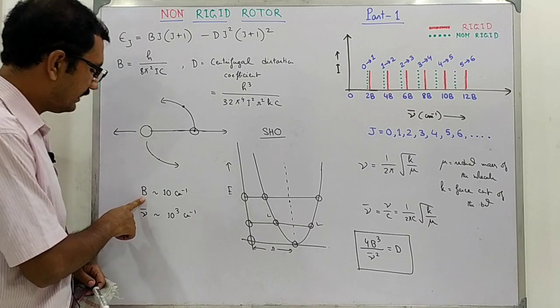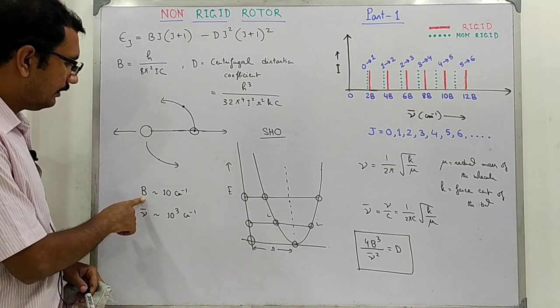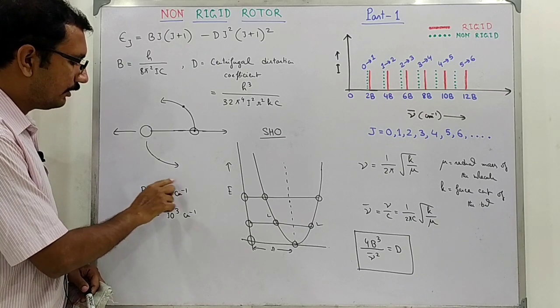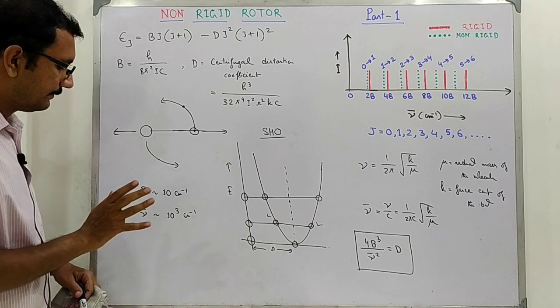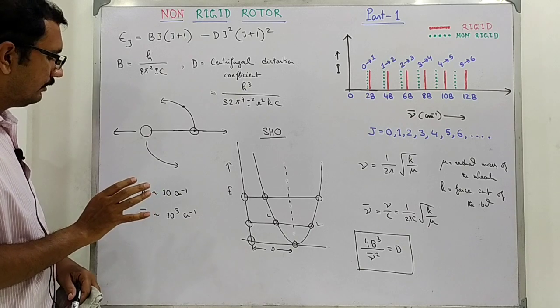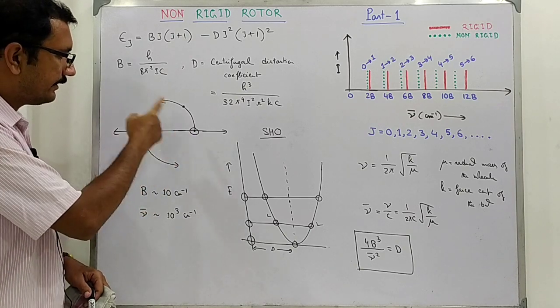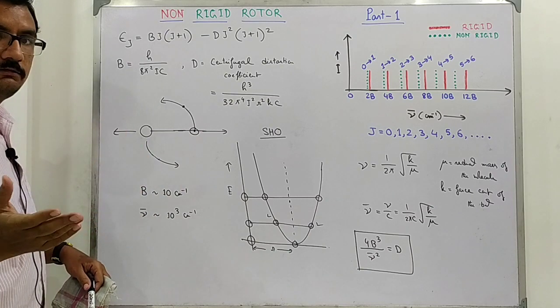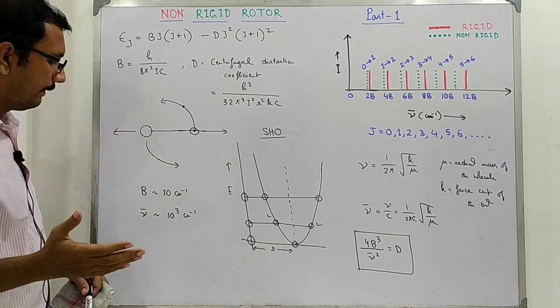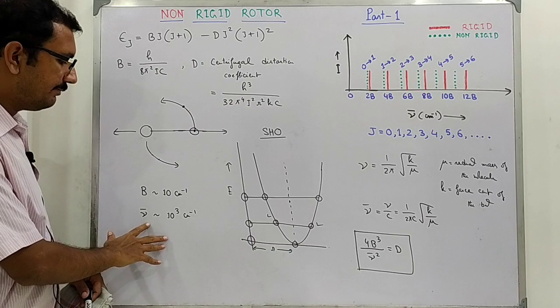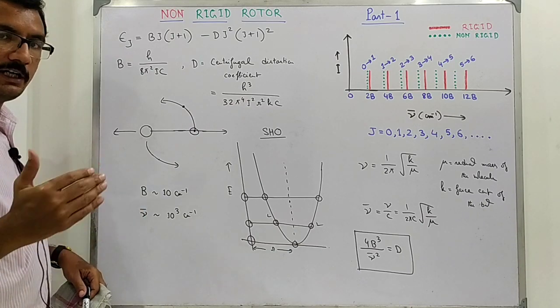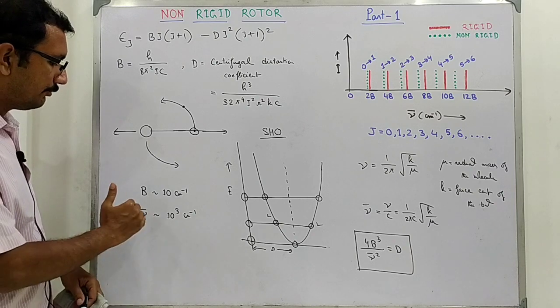This rotational constant will take up a value of the order of 10 centimeter inverse. So, that will indicate the extent of rotation, and while rotating, this rotor will execute vibration, and it will be characterized by the frequency in terms of wave number.